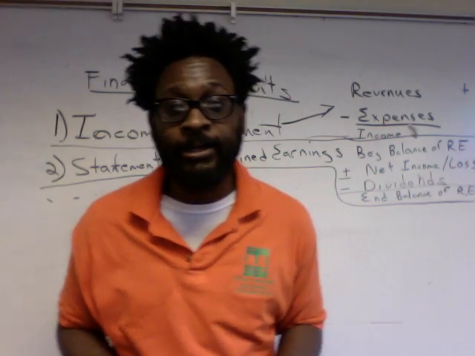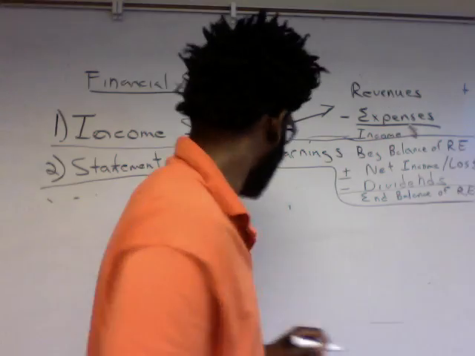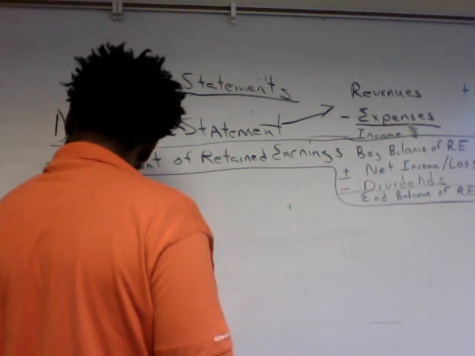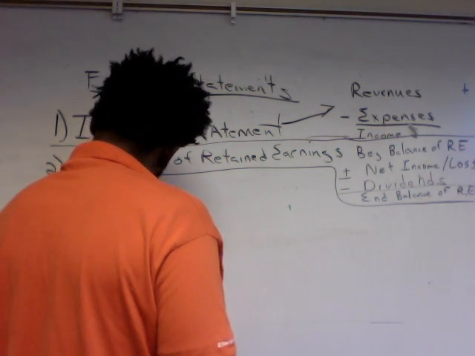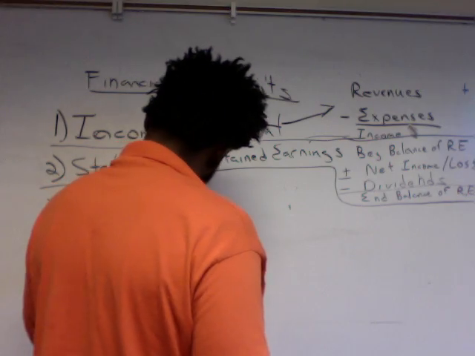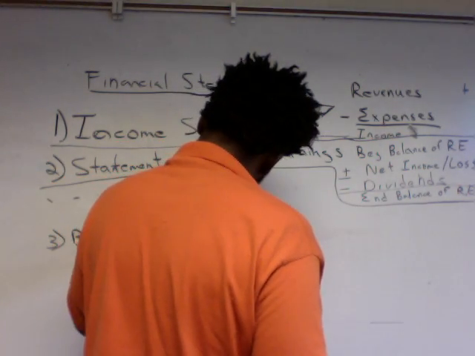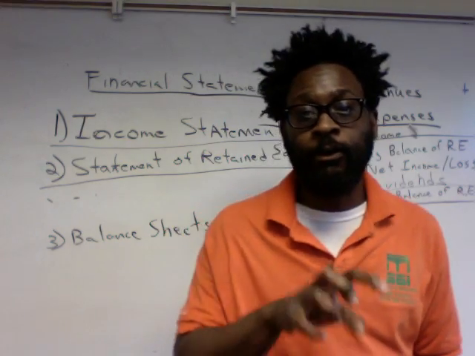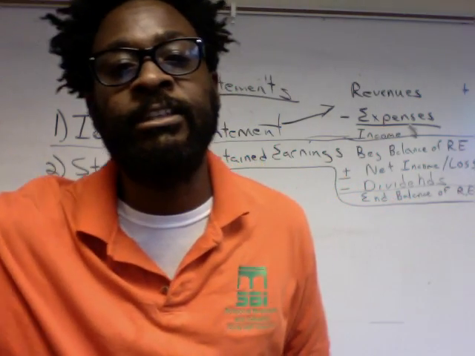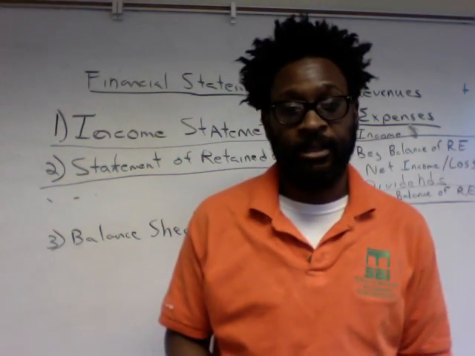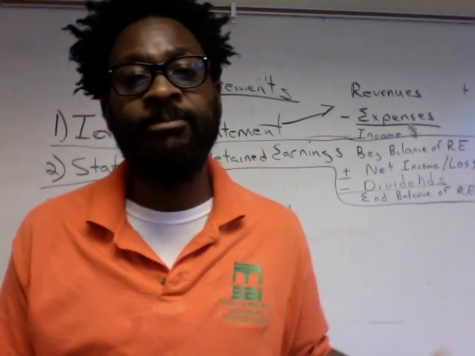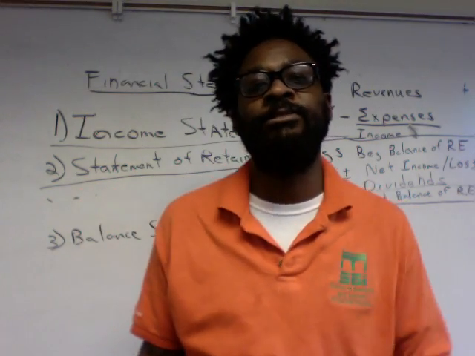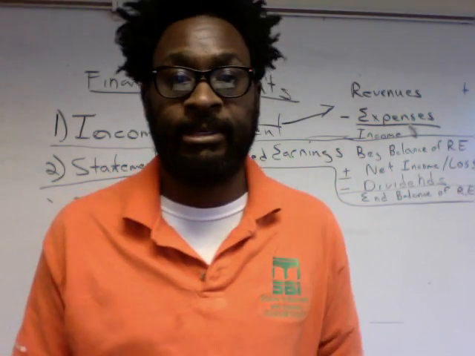So what's our accounting equation, folks? Assets equals liabilities plus stockholders' equity, right? So basically what our balance sheet does is summarize our ending balances for the accounts that pertain to the accounting equation. So our balance sheet is going to show our ending balances of certain accounts at a particular point in time.